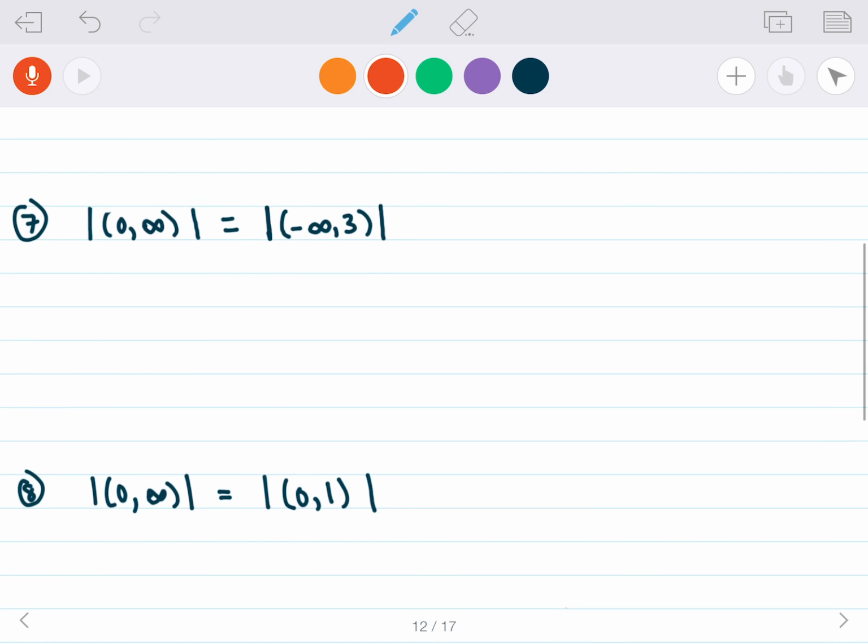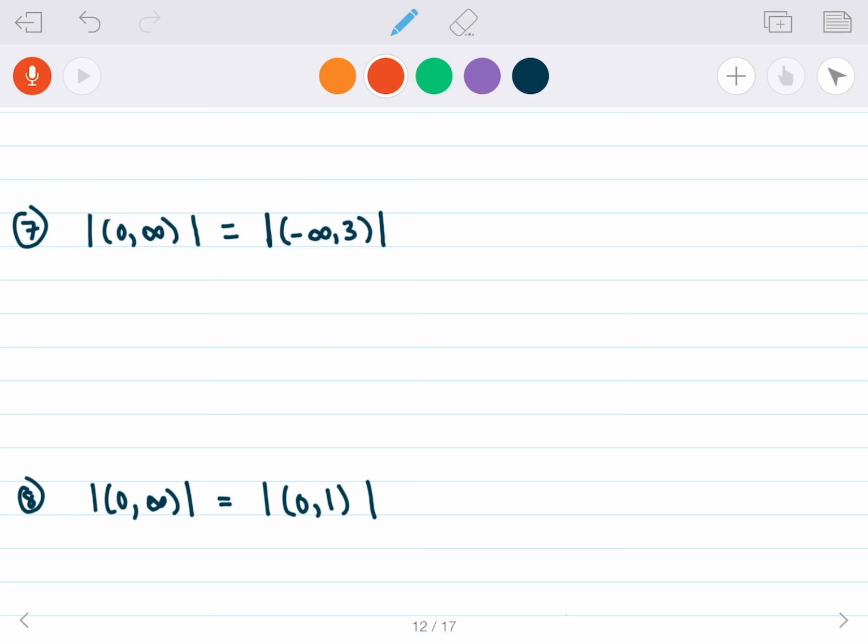Okay, let's do some more examples. So we have 0, infinity, and negative infinity to 3. Again, I like to draw a picture. One is my domain, one is my range.